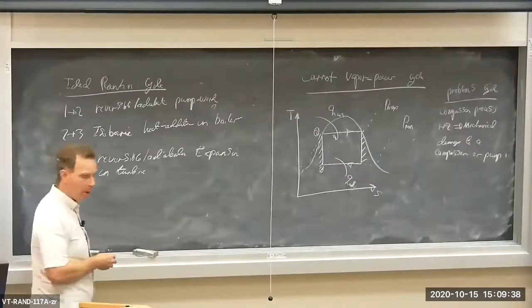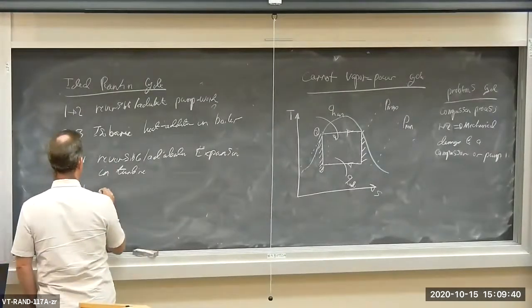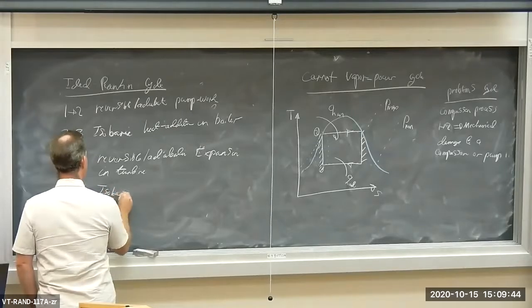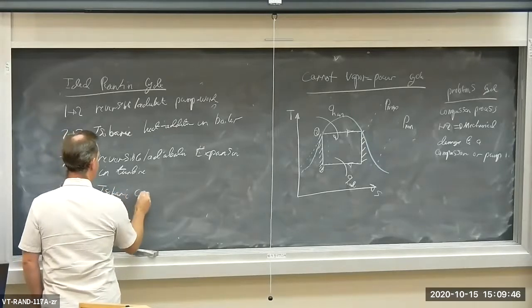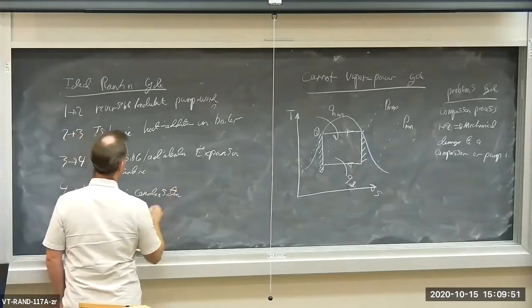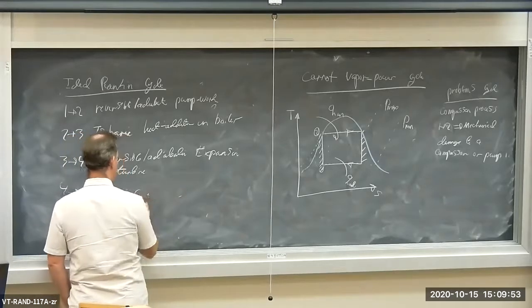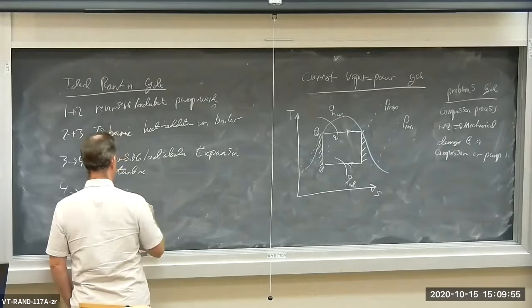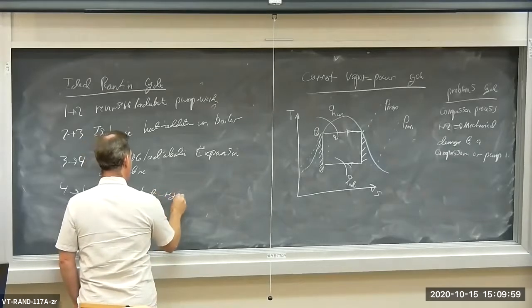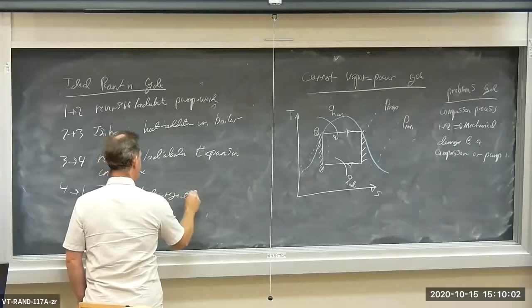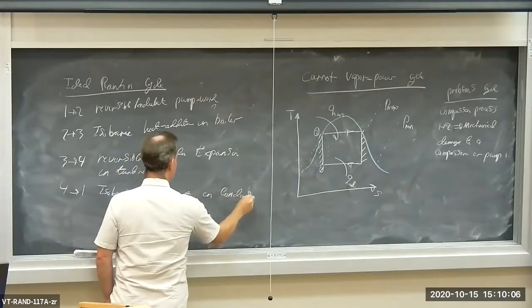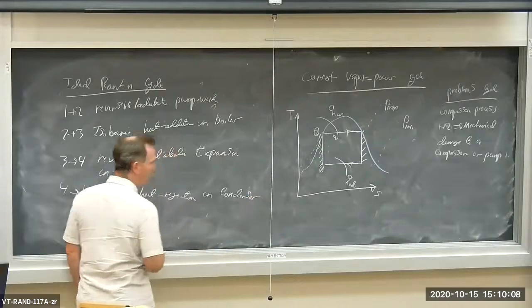So 4 to 1 is isobaric condensation, or heat rejection in the condenser.